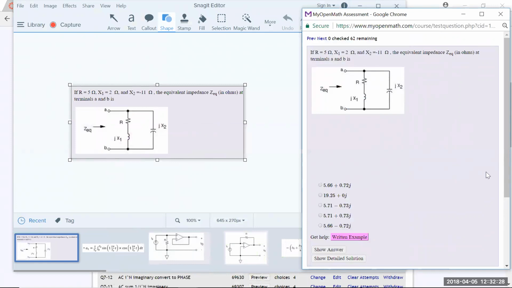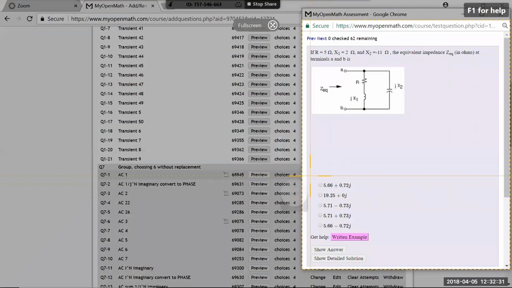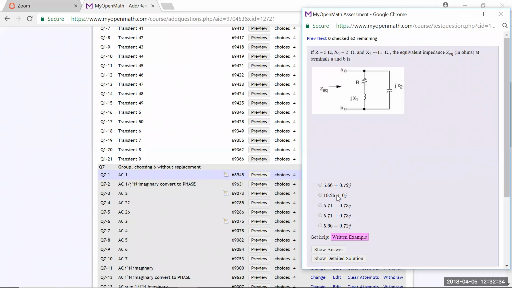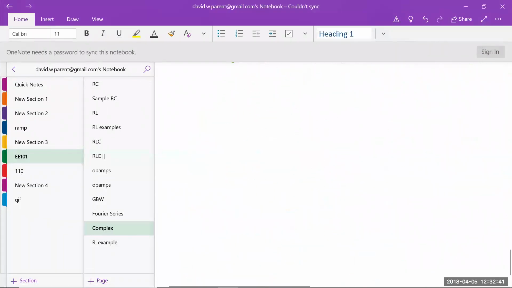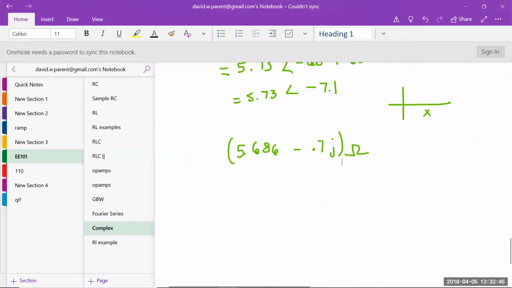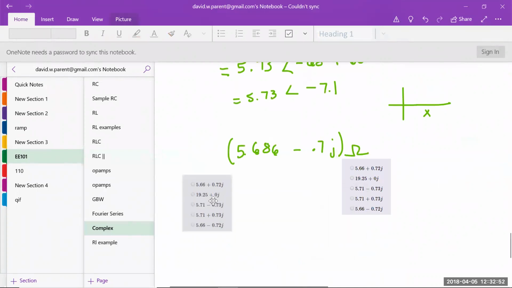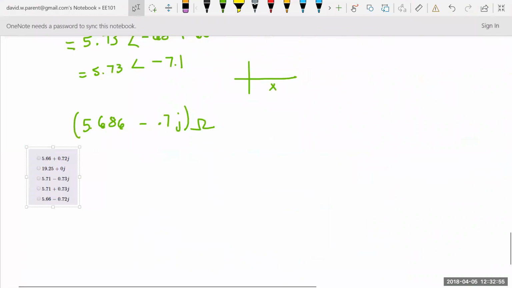Let me grab the answers. Okay, so 5.68. So maybe it's this one, right?